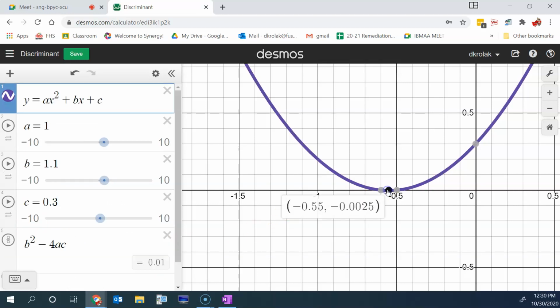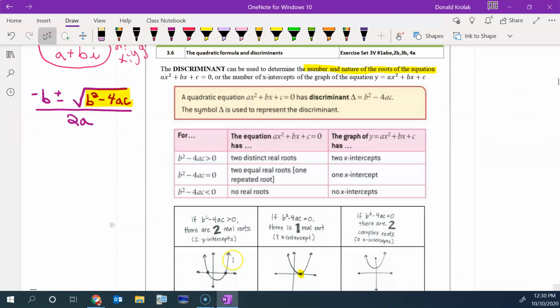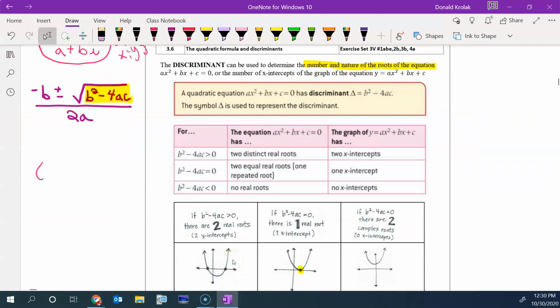Now if this was exactly 0, there'd be only one root here. It's actually 2 roots, but what I mean by that is, if I was to factor something like that, it would look like this: x minus 3, x minus 3.